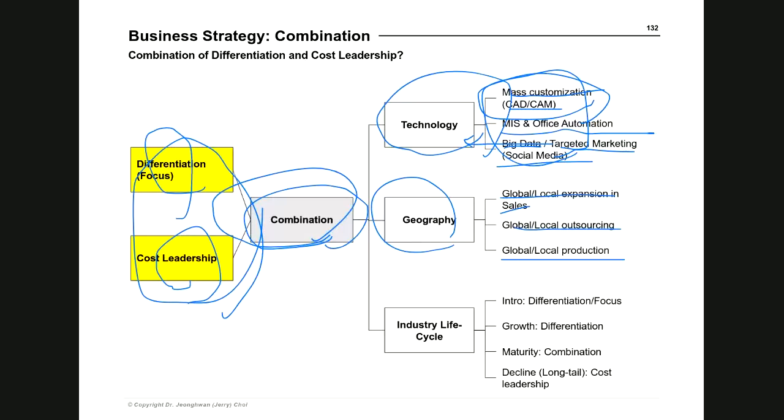And we may apply localization. Have you ever heard about this strategy? Globalization plus localization strategy.